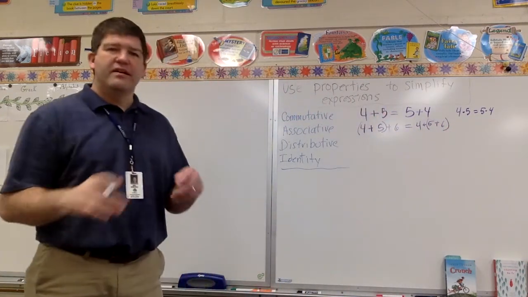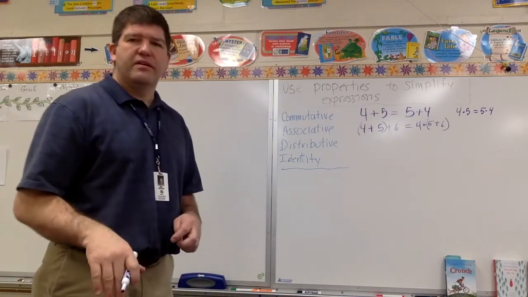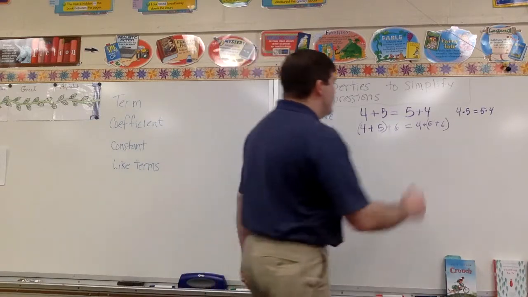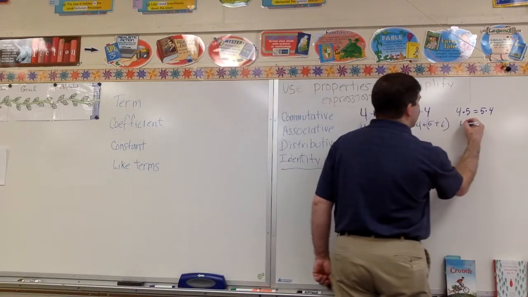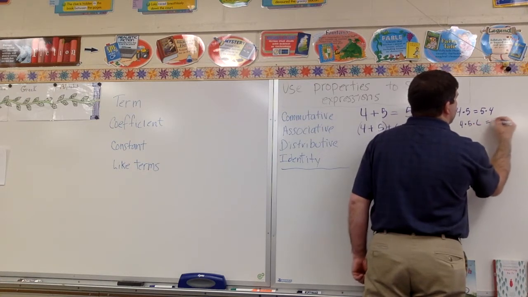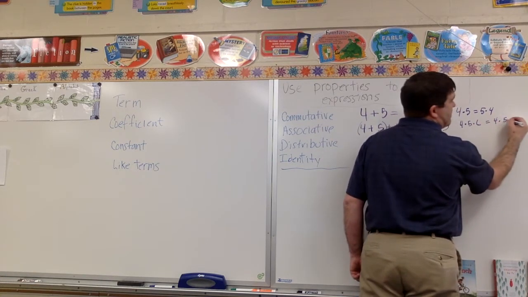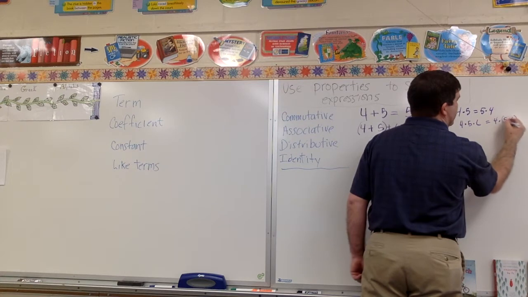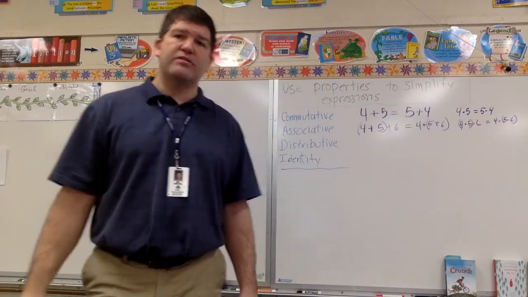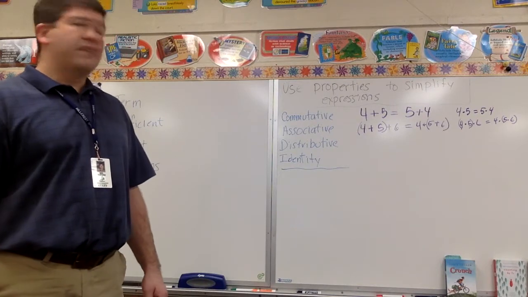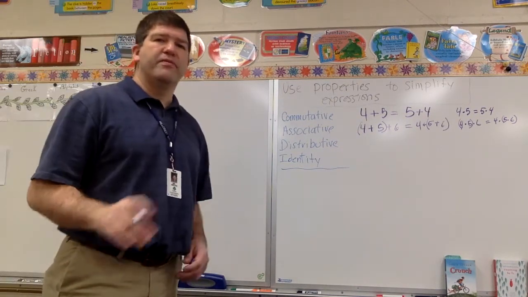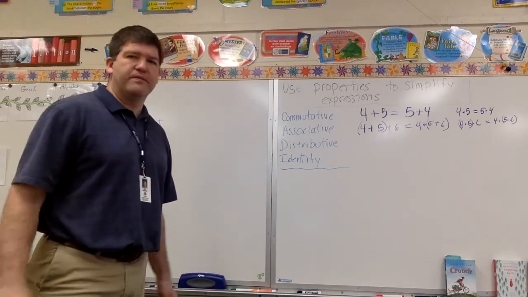You're grouping, it's the same numbers, all addition, and it doesn't matter what you do first. Same with multiplication, 4 times 5 times 6 equals 4 times 5 times 6. You can do the 4 times 5 first and then times 6, or you could do the 5 times 6 and then times the 4. Doesn't matter how you group them if they're all addition or all multiplication.